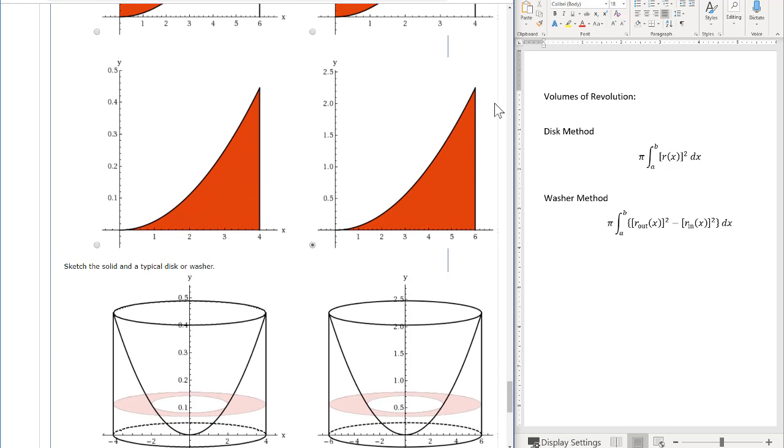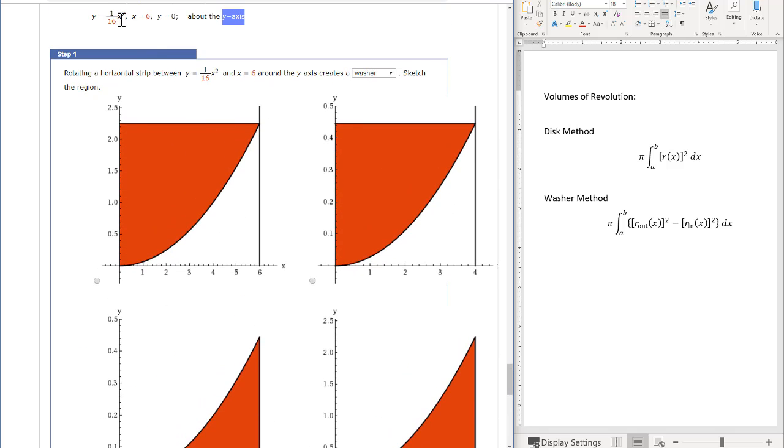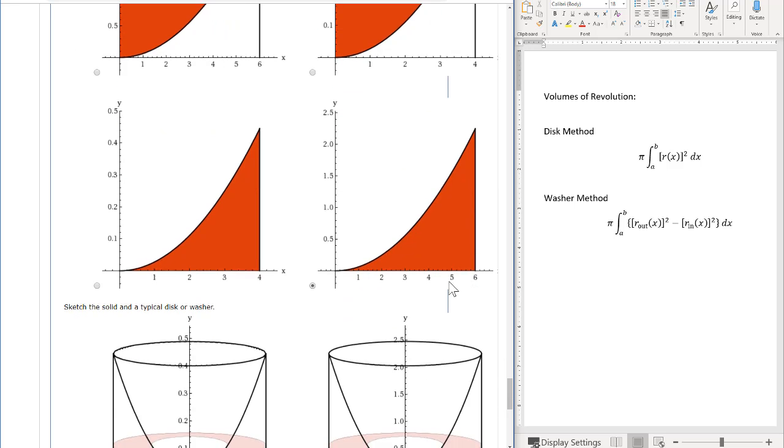By the way, if x is equal to 6, we have x squared is 36, 36 divided by 16. 16 times 2 is 32, so it's going to be a little bit past 2. And so this is exactly that point that we're looking at.